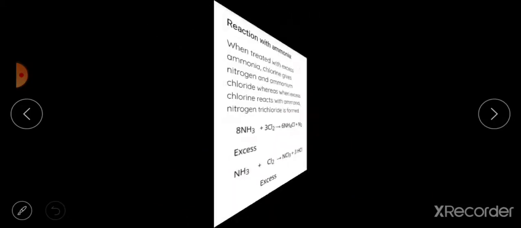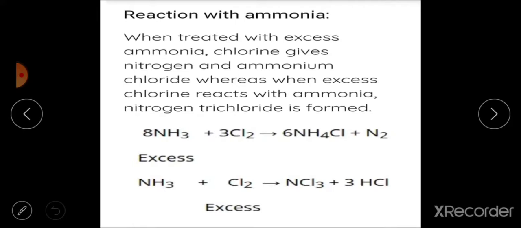Then next is reaction with ammonia. Chlorine reacts with excess of ammonia, then it gives nitrogen and ammonium chloride. Whereas when excess of chlorine reacts with ammonia, then nitrogen trichloride is formed.